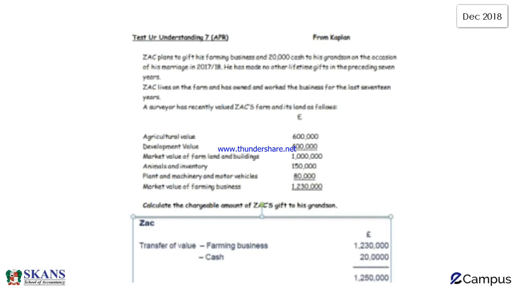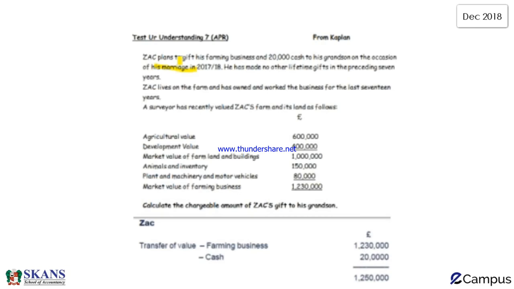To his grandson on the occasion of his marriage. In 2017-18, he has not made any other lifetime transfers in the previous 7 years. Zach lives on a farm and has owned and worked the business for the last 17 years. A surveyor has recently valued Zach's farm and its land: agricultural value, development value, market value of the farm, land and building, animals and inventory, plant and machinery, motor vehicles.